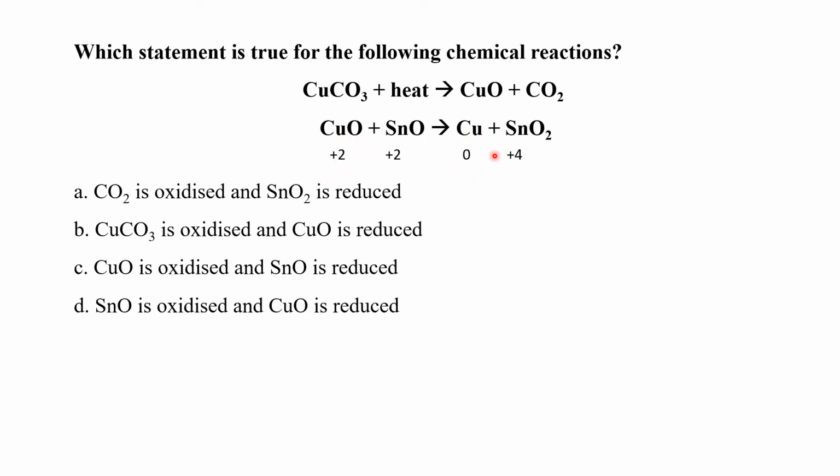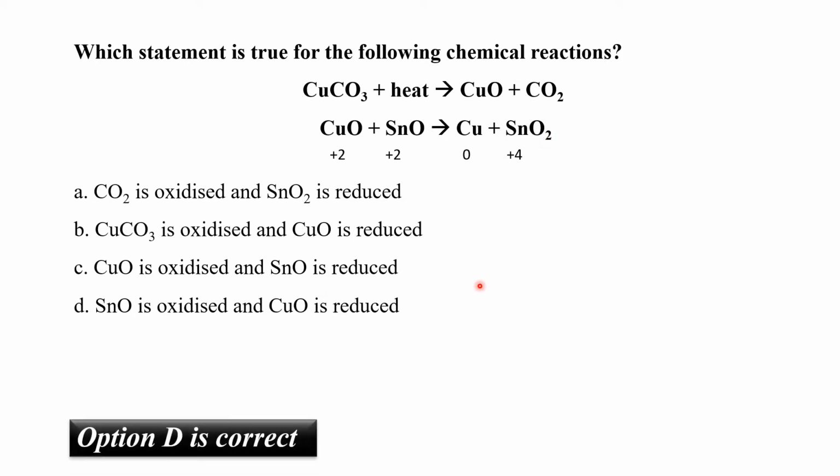The decrease in oxidation state signifies reduction. Similarly, the oxidation state of Sn increases from +2 to +4. So SnO is oxidized. So the correct answer is option D. SnO is oxidized and CuO is reduced.